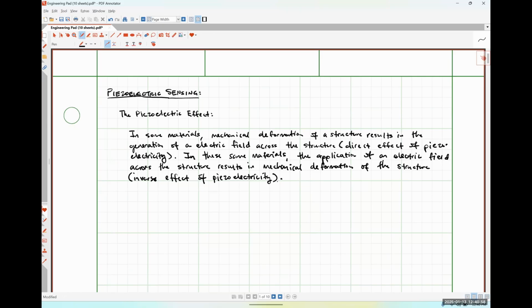So essentially, there are materials where when we squeeze them, they generate electricity, and conversely, when we apply electricity across them, they mechanically deform, okay? So from a sensing perspective, we're going to be looking mainly at the direct effect, where an application of mechanical deformation yields an electrical signal that we'll find out will be related to the rate of change of deformation.